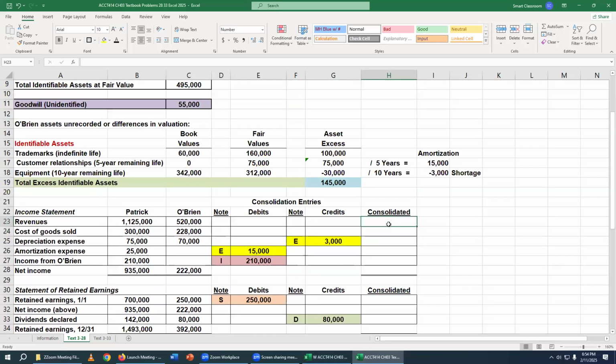Okay, so let's take a look here. So this would be equal. Well, minus.